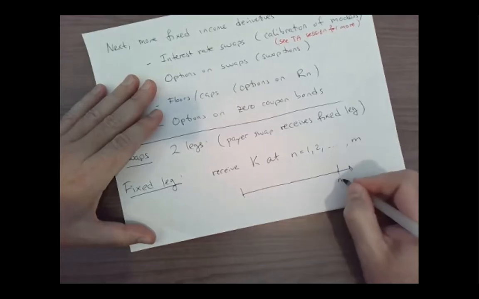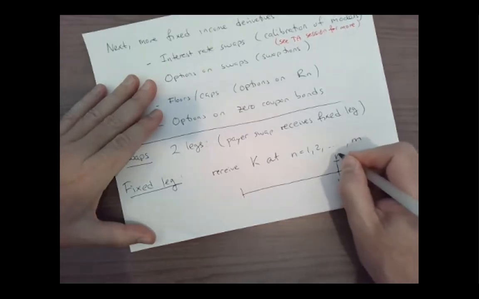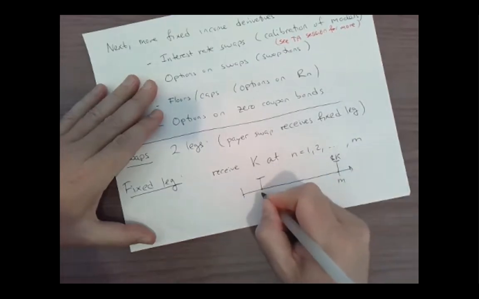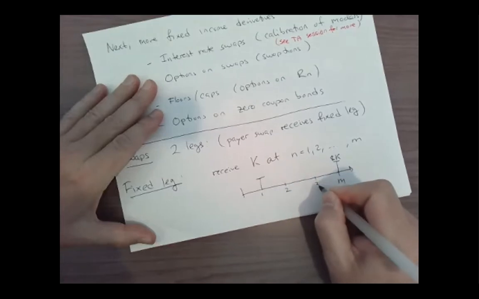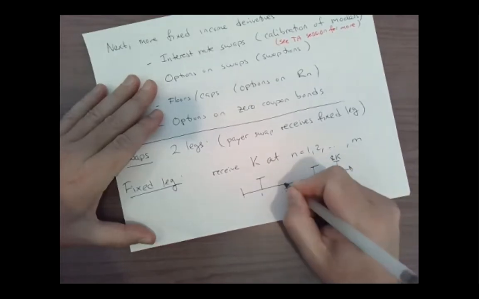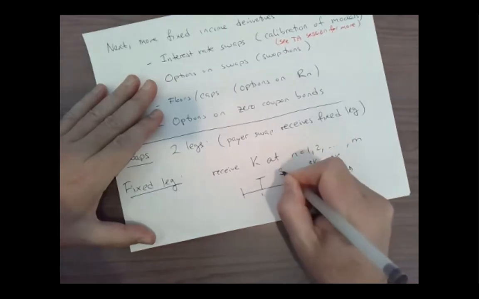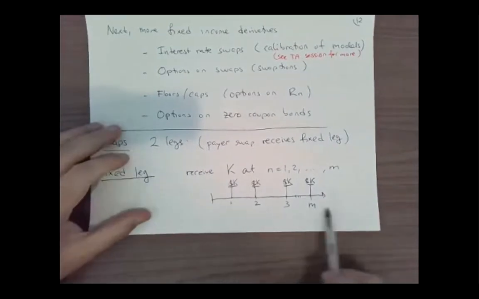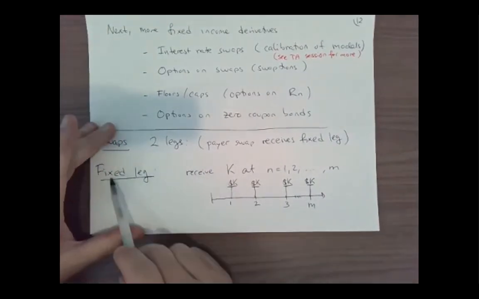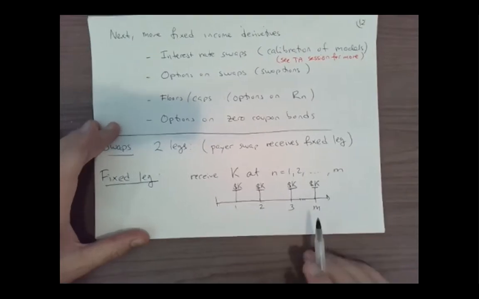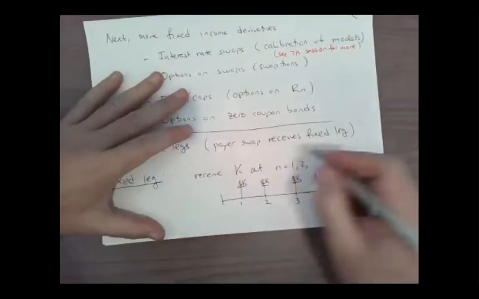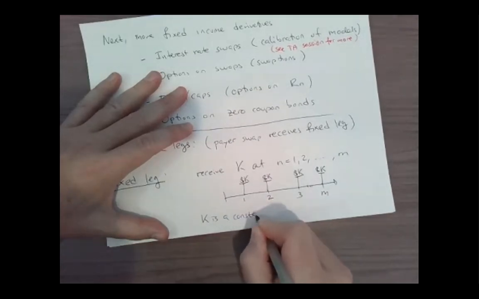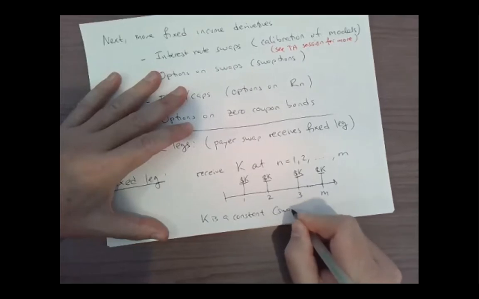This here is M, where there's going to be a payment of K, and there's going to be a payment of K at time 1, time 2, time 3, and so on. You're going to have these M payments. The fixed, because K here is a constant. So K is a constant. This is going to become the swap rate.